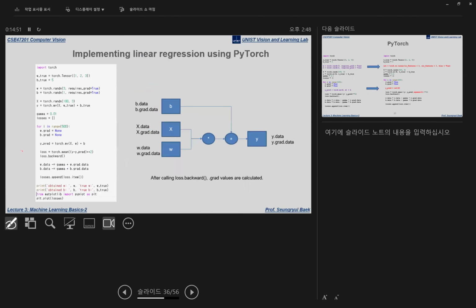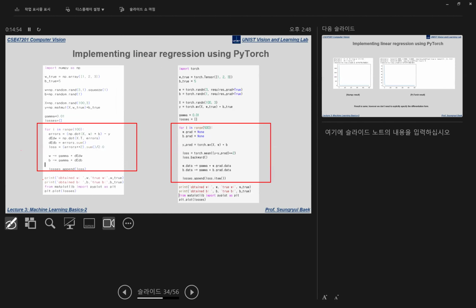This is a big difference between the implementation via PyTorch and NumPy. In NumPy, you have to calculate the closed form solution for the gradient by yourself.